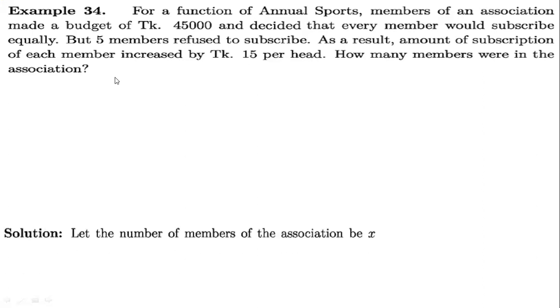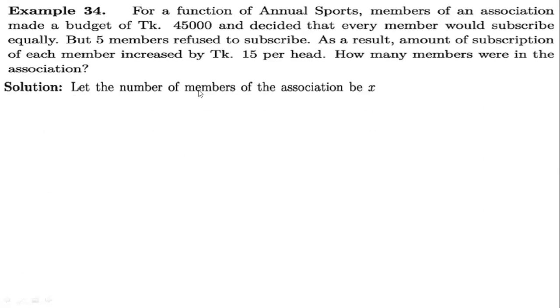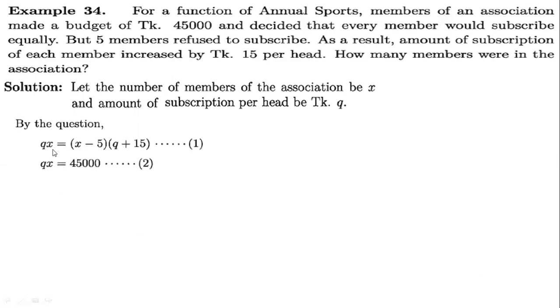It's a very easy math. Let us assume the number of members is X and the amount of subscription was Q. So 45,000 taka is given by X persons, and every person gives Q taka. Multiplying these two, you get the full amount. So according to the question, QX equals 45,000.